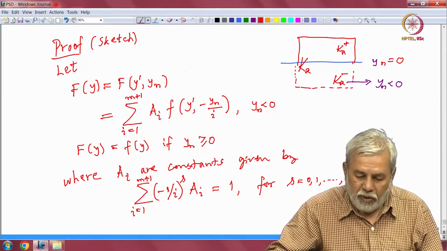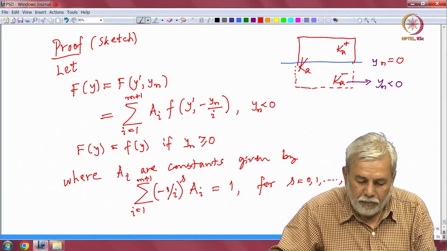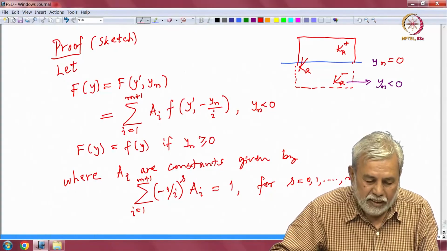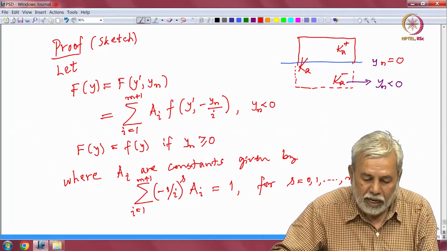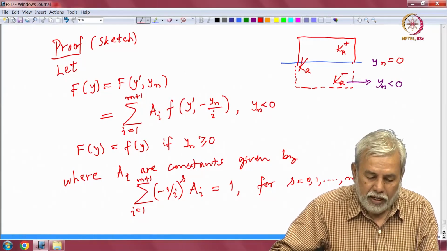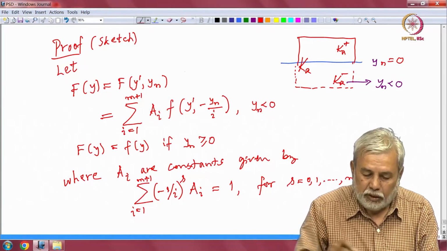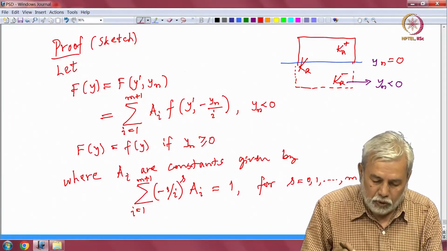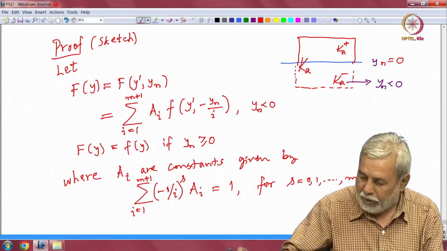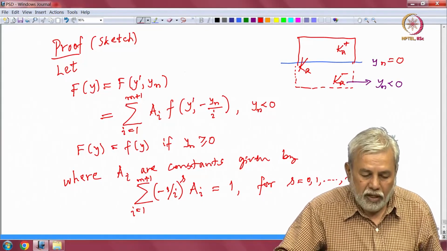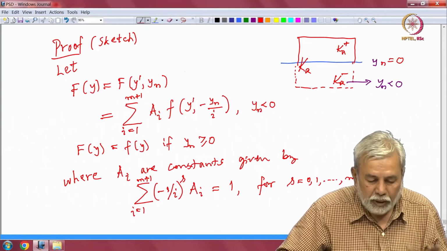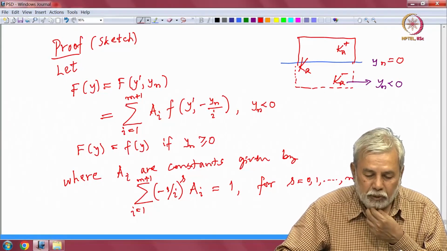So these are a system of m plus 1 linear equations in m plus 1 unknowns, namely a_1, a_2, up to a_{m+1}. And this is just a Vandermonde system. So the coefficient matrix has non-zero determinant. So we have a unique solution for a_1, a_2, up to a_{m+1}.